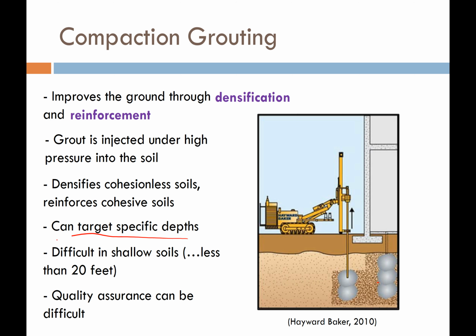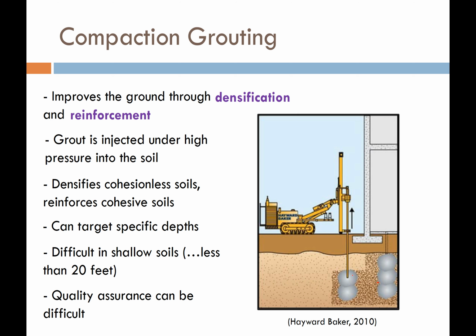One of the problems is, because we're getting grout in the ground under enormous pressures, that it can be difficult if we're in shallow soil, so in depths less than about 20 feet. That's because the pressure will just work its way right up to the surface, and then you get these big blowouts of grout on the ground, and it's not very fun. And then finally, it can be difficult.